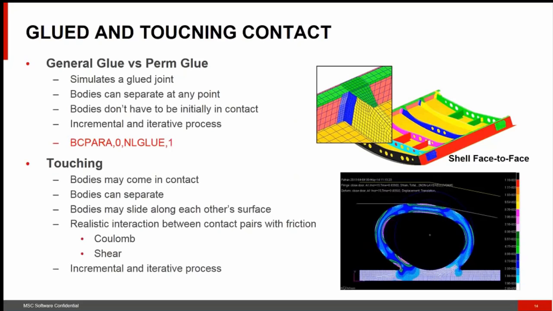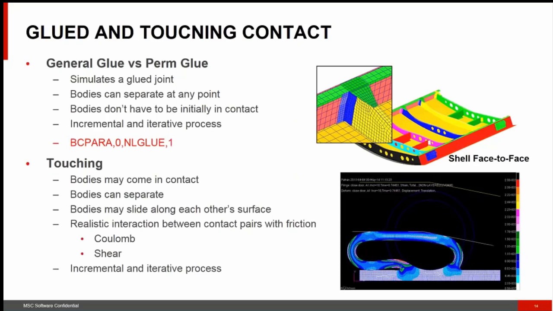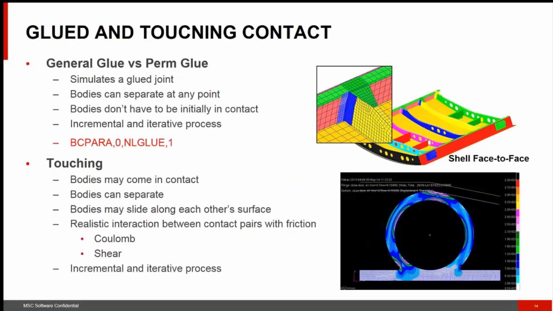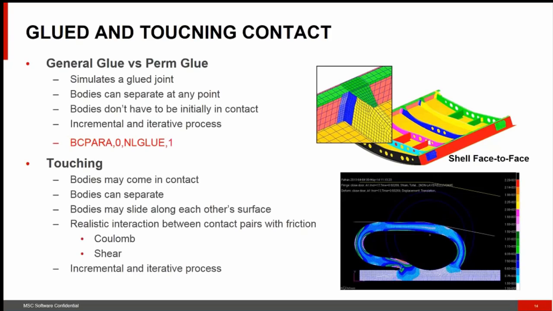This option is just a quick and easy way to connect dissimilar meshes for cases where the deflections of the overall structure are negligible and the stress distribution near the contact area is not important. This one is going to create linear MPC equations between the nodes. So it's just a quick method of connecting the nodes.